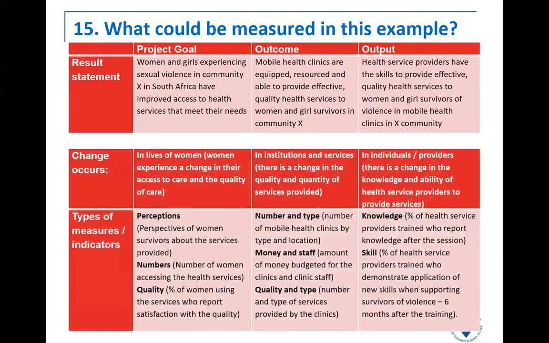In this goal, what we're measuring, what we should be measuring, is whether the women and girls have experienced a change in their access to services. So what can you measure? Well, there's several things you could measure. You could measure that both qualitatively and quantitatively, and doing both gives you a nice balance.